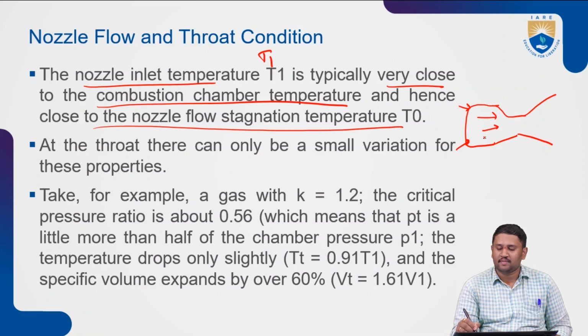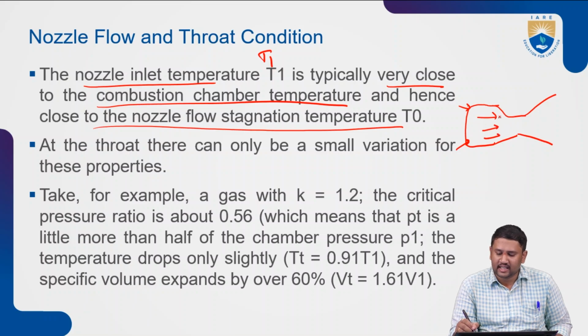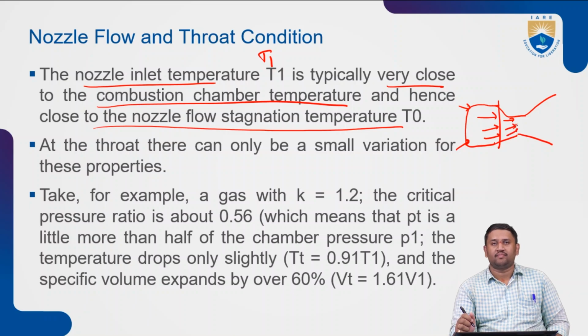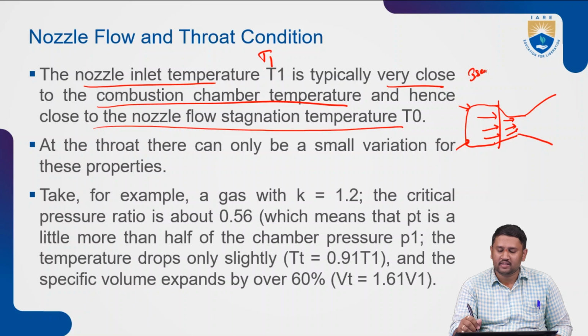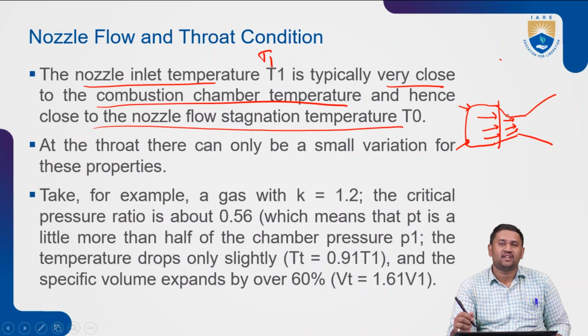So the temperature we measure at the end of the combustion chamber will be very similar to the temperature entering the nozzle, because we are considering isentropic flow as well as the assumption of no heat loss. Considering these two, the temperature we get is very close to the temperature at the entry of the nozzle.